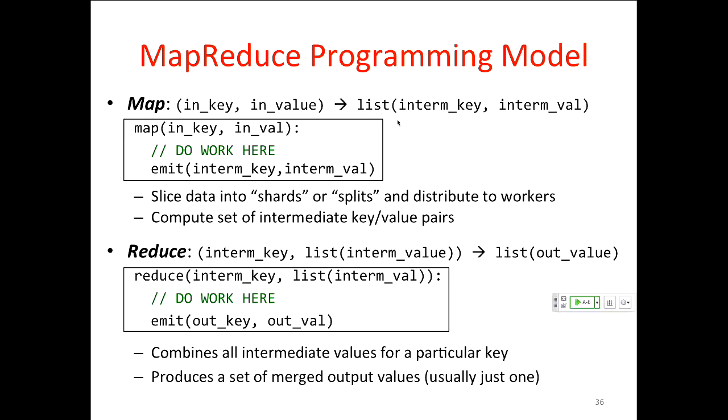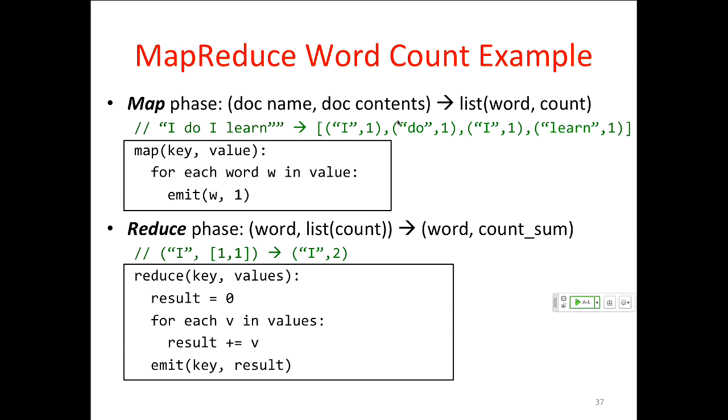So we have an example, which is word counting in a document. For the map phase, we have the document name as an input key, and we have the document content as an input value, and then it will produce the list of word and count pairs.